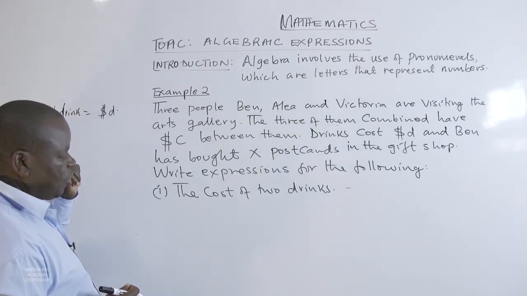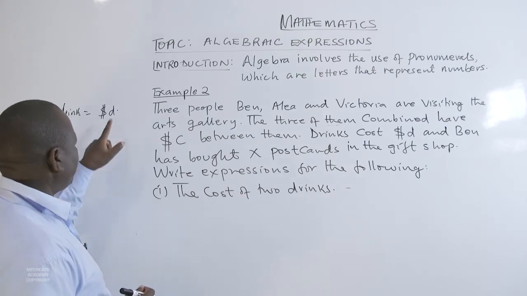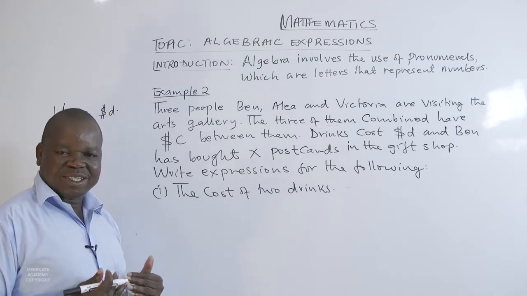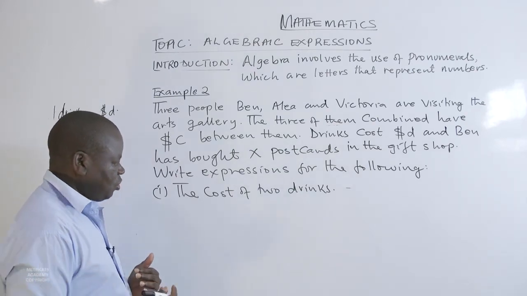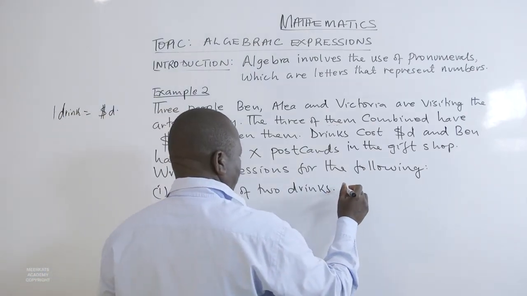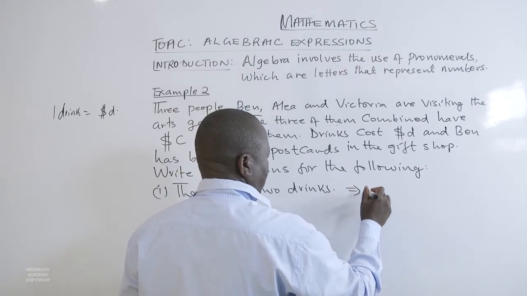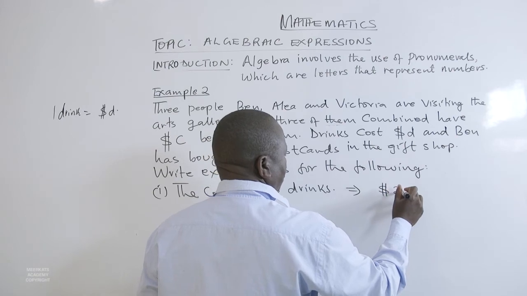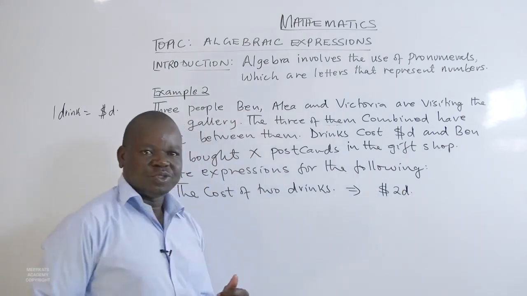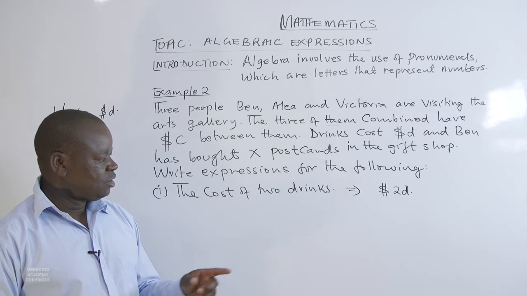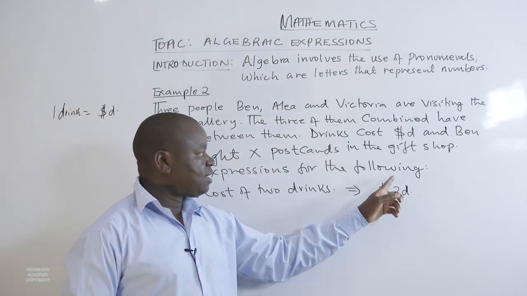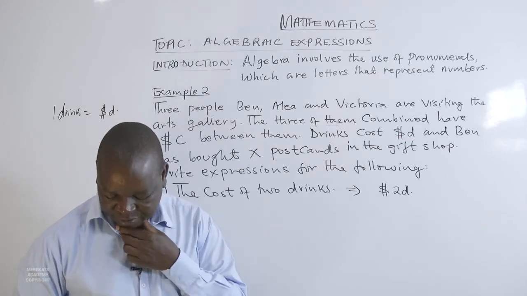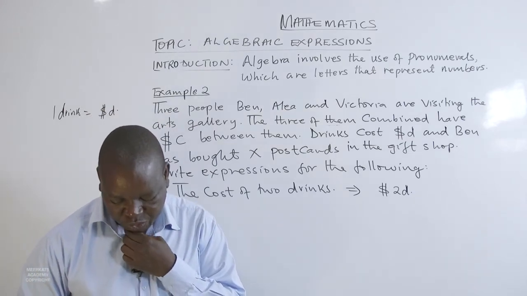Remember, we have said that our coefficient is just a number multiplier of a variable. D is a variable because we don't know exactly how much that drink is costing. So the cost of 2 drinks will be $2D. That is how we write it, because it is D multiplied by 2. Then part 2.